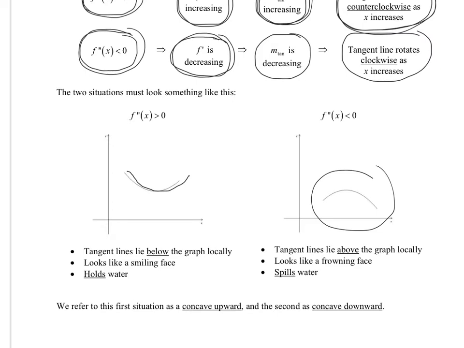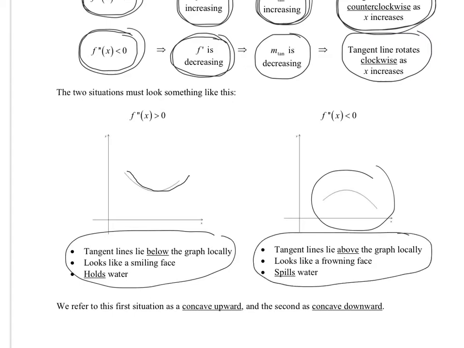And you see here and here three different but equivalent ways of describing each of these two situations. Wherever the graph looks like a smiling face, you can describe that situation in slightly more mathematical terms by saying that the tangent lines lie below the graph near the point of tangency.